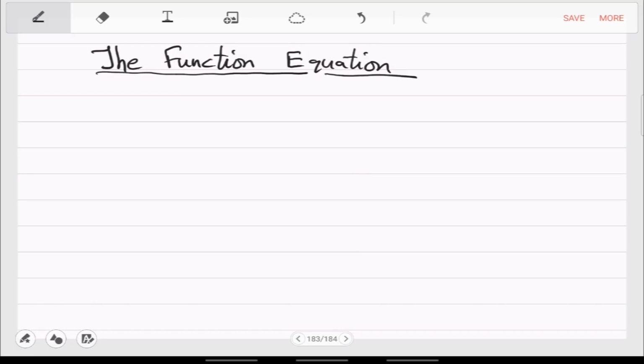So we now show that Z of t is a rational function.